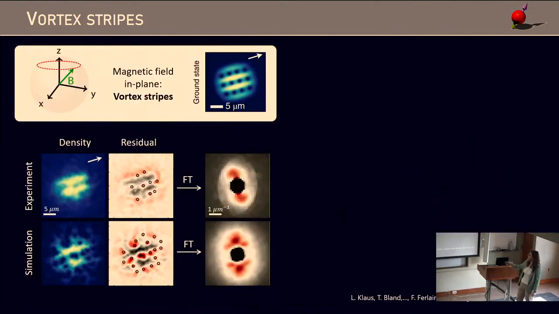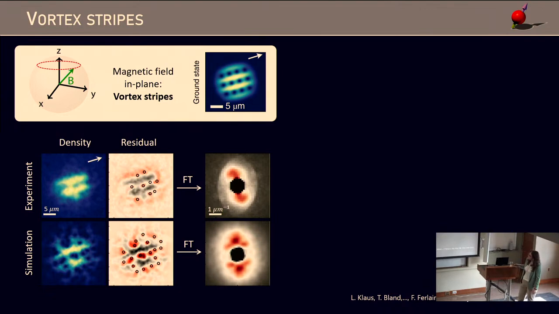And what we observed is, this is the ground state of the system in the rotating frame for the same parameters of the experiment, when the magnetic field is in plane, so it's still tilted. These are some experimental results, and these are the simulations for the same time scale. We plot the residuals, obtained by subtracting the blurred density from the density in order to see a bit better, and we use this method to detect the position of vortices.